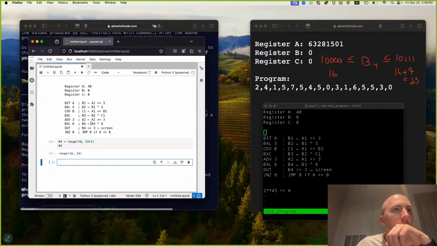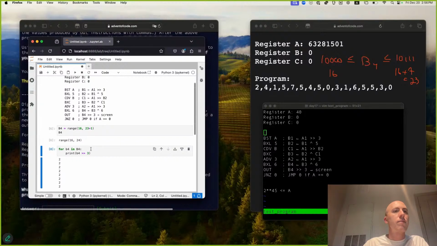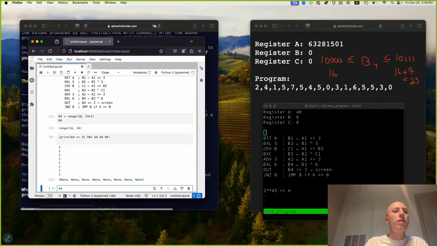All right. And we can test this out at every step. We can say, for B4 in the set, let's do B4 shifted by 3. This is how you do it in Python, right? Just print this out. And we get a 2 every time, so that looks good. Let's check one above this, like 25.